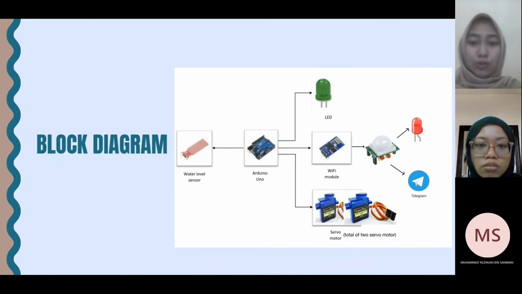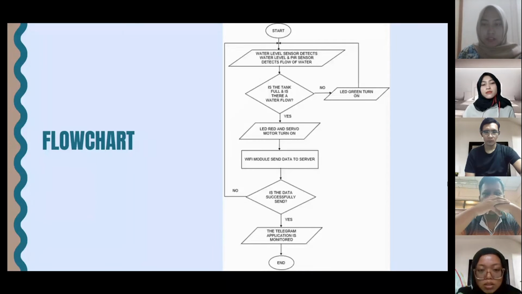Green LED is used to indicate that the water level in the tank is at a normal level. This green LED will keep turning on until the water level sensor detects a high level of water and sends signal to the microcontroller to turn off the green LED and turn on the red LED. Red LED indicates the high level of water in the tank.